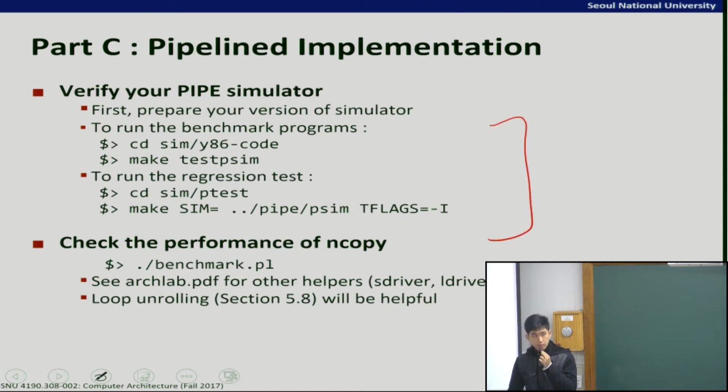Once you're done with the correctness, you can check the performance of ncopy. There are various helpers in the folder, like sdriver, ldriver, check-len here, but I will not explain all of those files. Please check archlab.pdf or the README to check the usage of those files.